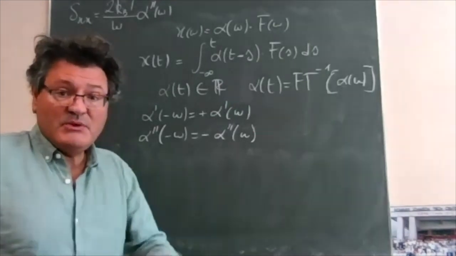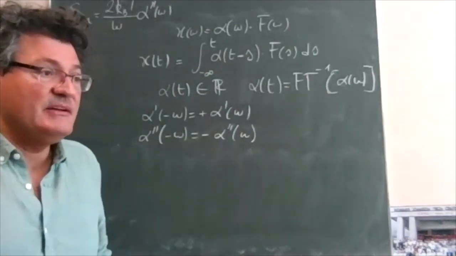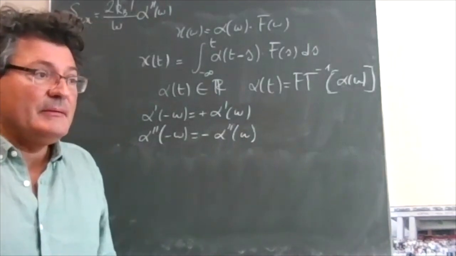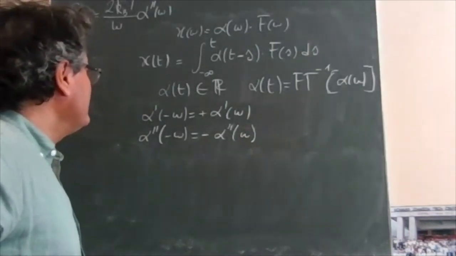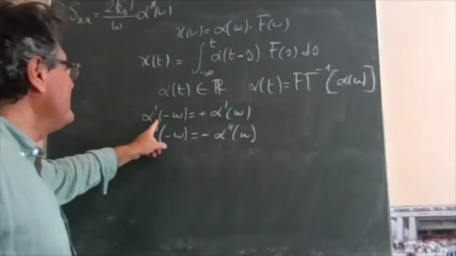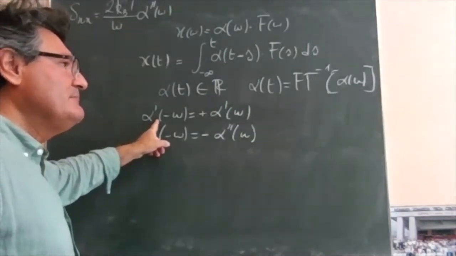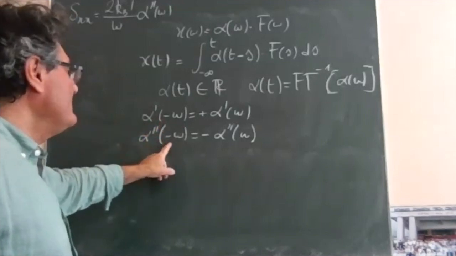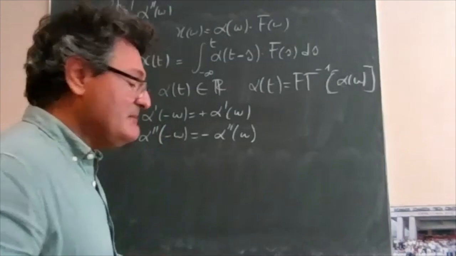So it means that from now on we can consider only the positive part of the spectrum. Wait a moment. Alpha prime was multiplied by sine, and alpha second was multiplied by cosine. Yes, so we can consider just the positive part.